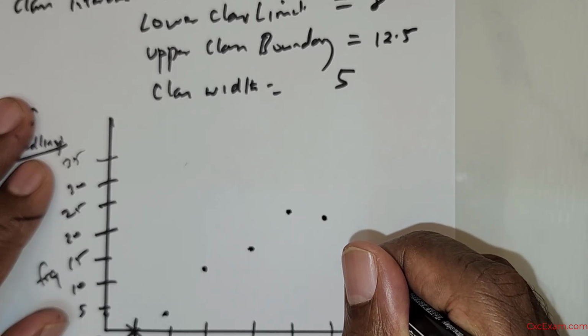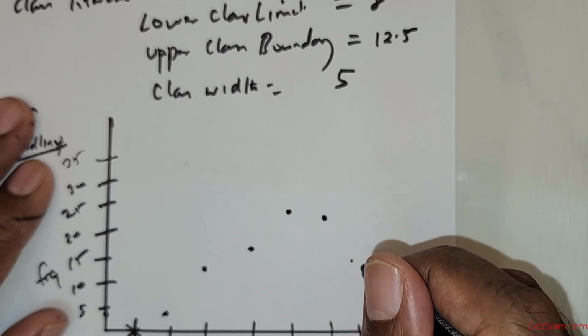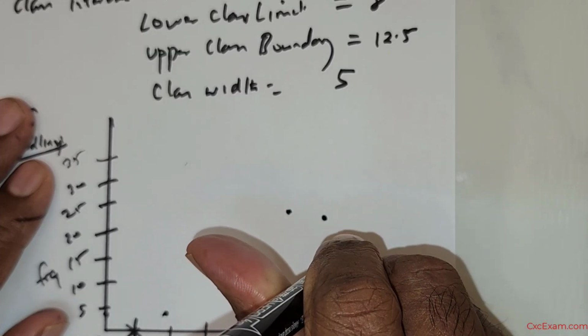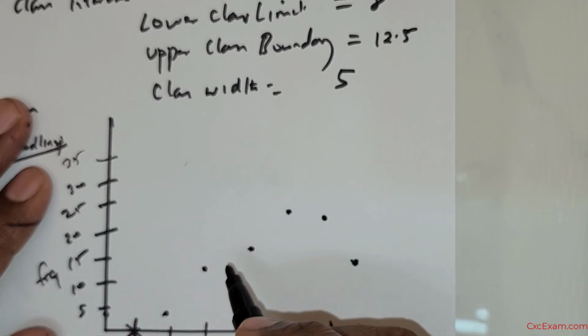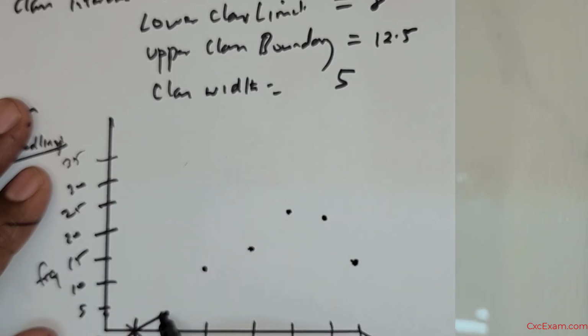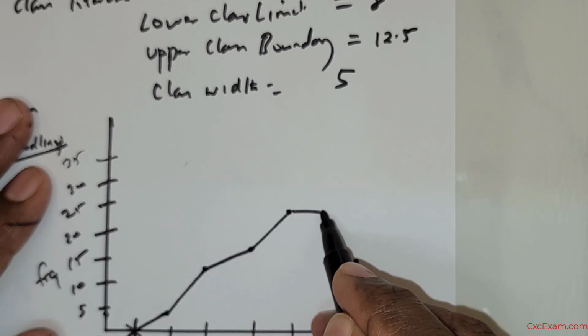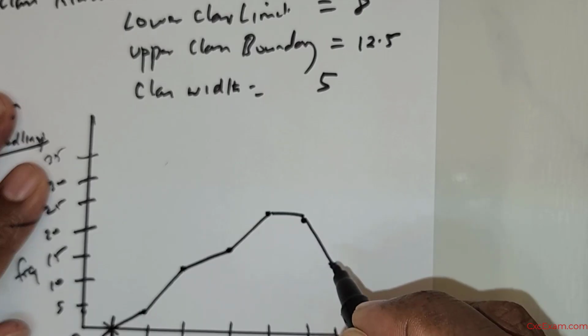So 14 is going to be over here. Okay. So now you have to make the connections. So connect it. It's not a straight line. Okay. So the graph has to be connected like this.